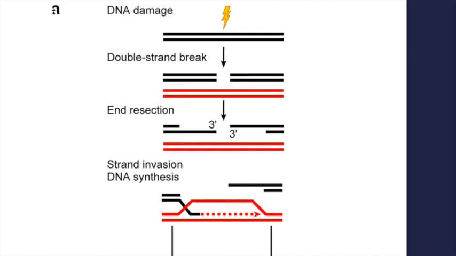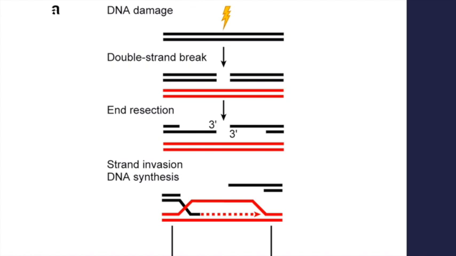It is copying that part which it is missing from the homologous region of the sister DNA. Once it has copied this region, it will again be dislodged from this sister DNA and it will go back to its original position, and the complementary base pairing of the undamaged DNA will be restored as usual.